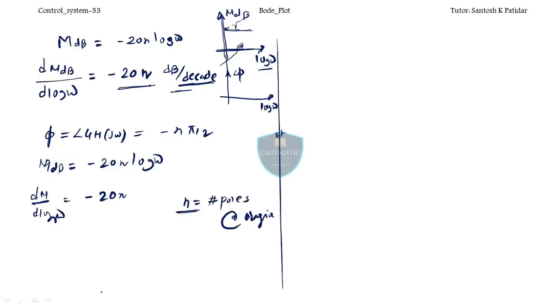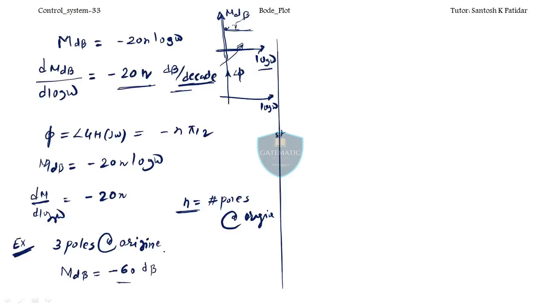So what is the conclusion over here? Whenever you have n number of poles at origin, suppose, or let me take for example, you have 3 poles at origin. This is one condition for you. It means the magnitude because of this will be definitely minus 60 dB.